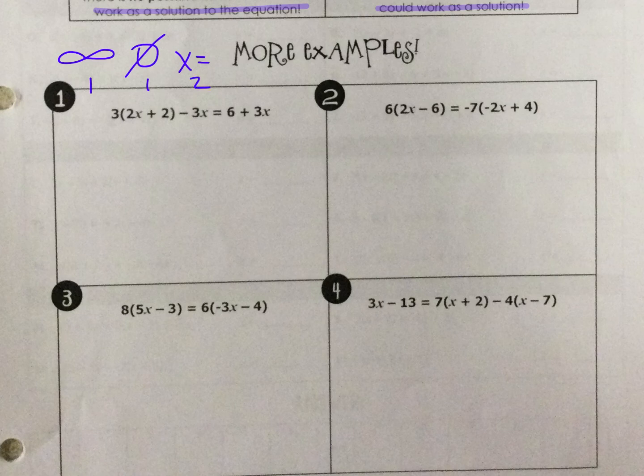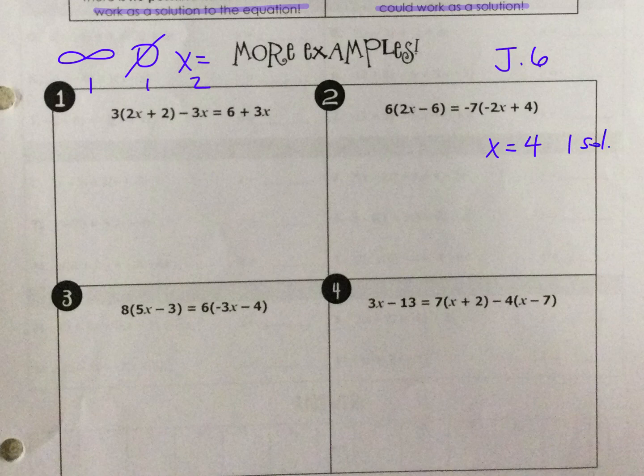All right, after you do this, I need you to do IXL J6, and it'll be the same thing. It'll ask you, does this have one solution, no solutions, or infinitely many? If you get x equals 4, it'll be one solution.